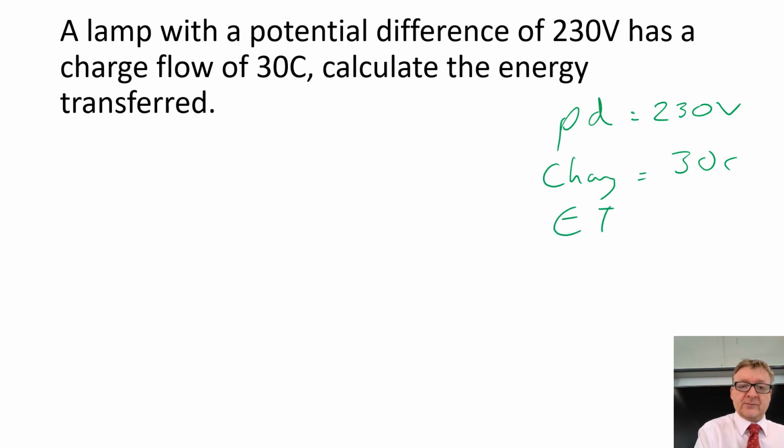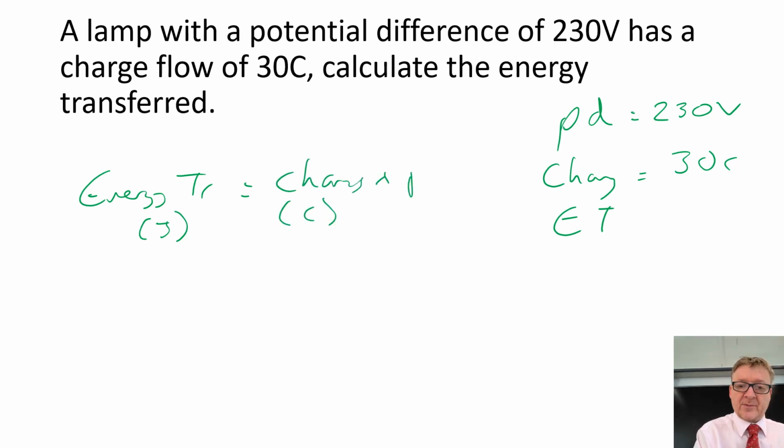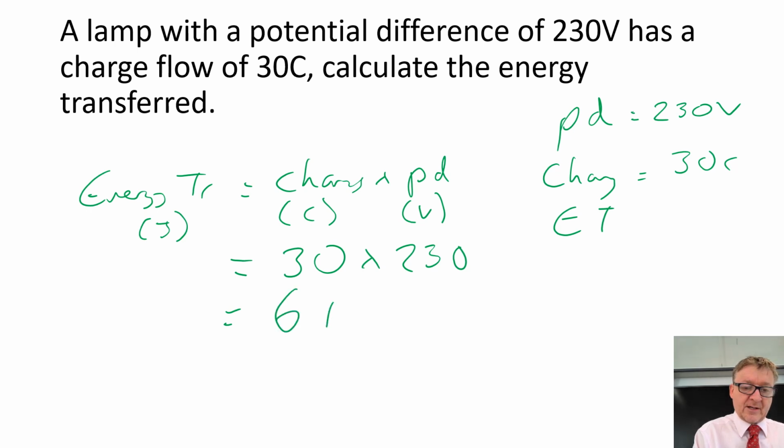Equation: energy transferred, that's in joules, equals charge flow in coulombs multiplied by potential difference in volts. Substitute in, charge flow 30 multiplied by 230 equals 6,900 joules.